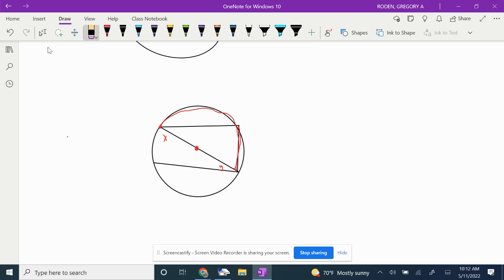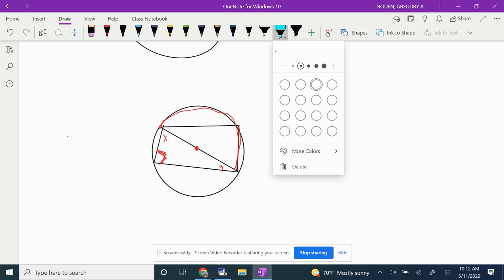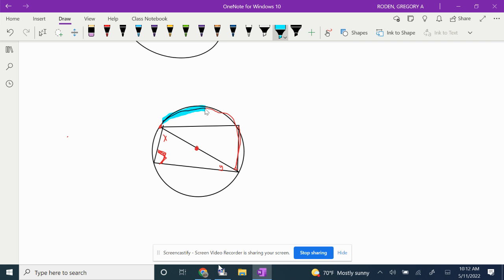This has to be a right angle right here, because its intercepted arc, which I'll do in blue, is a semicircle, and I know it's a semicircle because this is a diameter. So the key is knowing that that's a center point and that's a diameter.